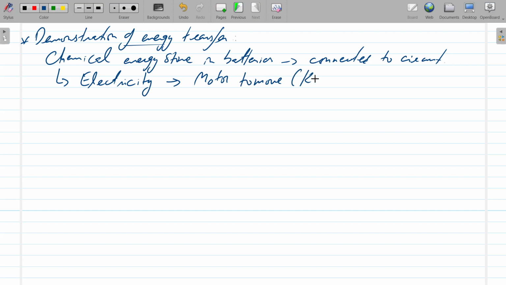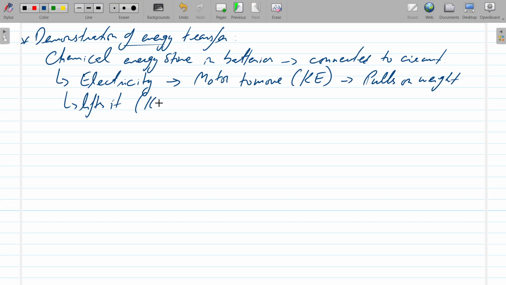And so that is kinetic energy. And then what that motor does is that it pulls on a weight and lifts it.